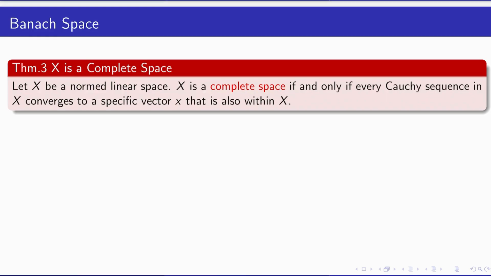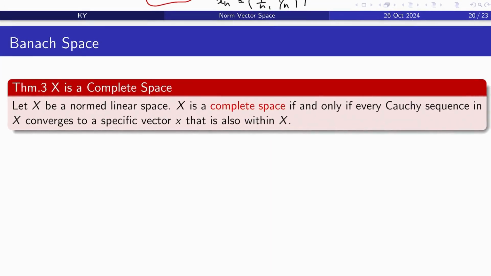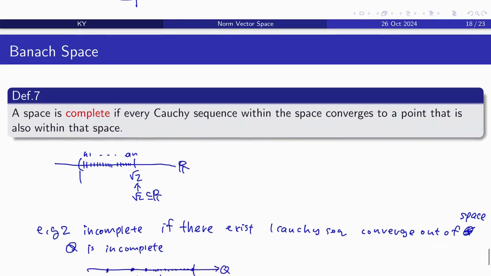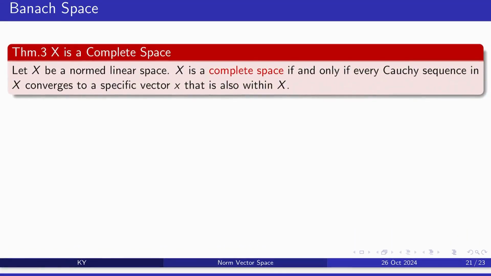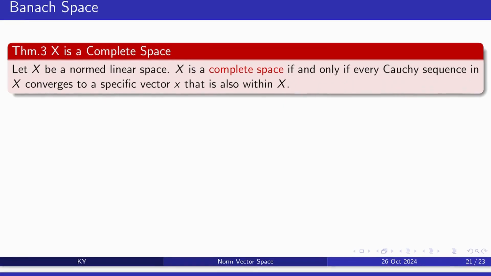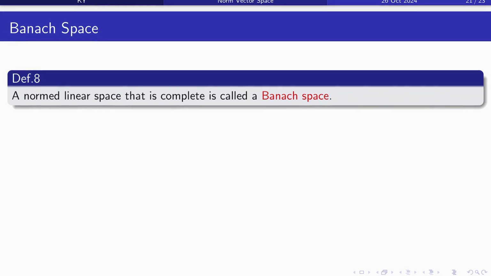Let X be a normed linear space, and X is a complete space if and only if every Cauchy sequence in X converges to a specific vector x that is also within X. This is almost the same as what we said above, that a space is complete, but we're just using vectors to describe it. So a normed linear space that is complete is called a Banach space.